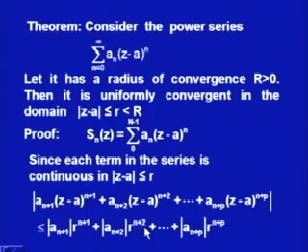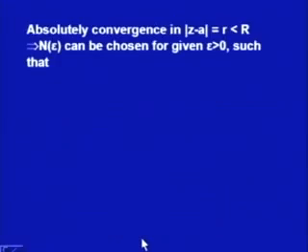The last term is |a_{n+p}| r^{n+p}. So, this sum is less than the sum of these terms. So, the triangle inequality is applied. So, absolute convergence in |z - a| = r, which is less than r.